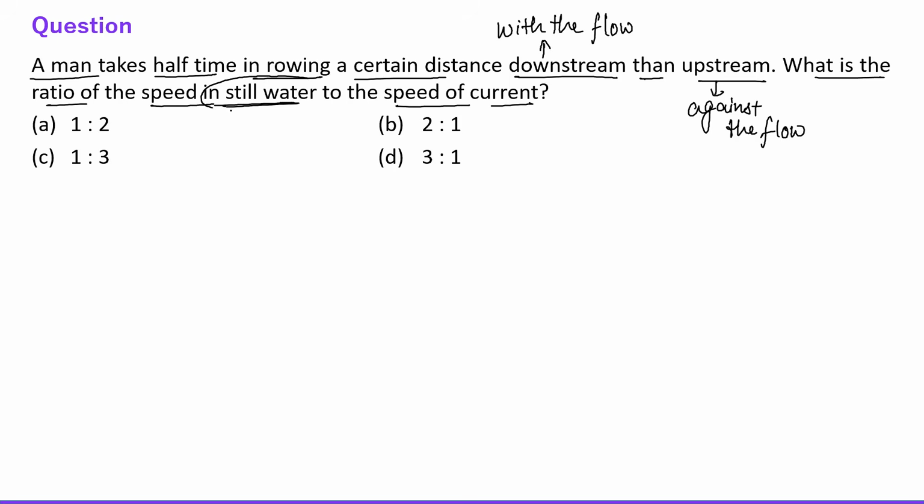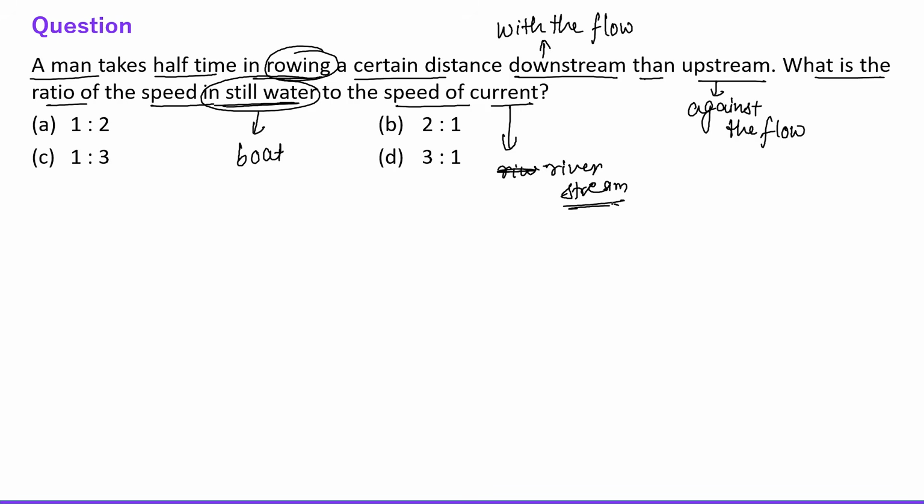The question is talking about rowing, so obviously this is the speed of the boat in still water, and the speed of the current means the speed of the river flow, or river current, or river stream.